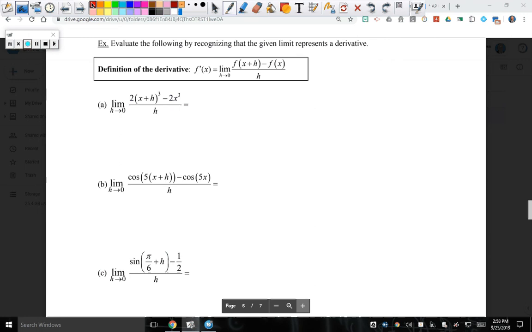Definition of the derivative. All of this gives me what? F prime of x. That's the goal. Okay?